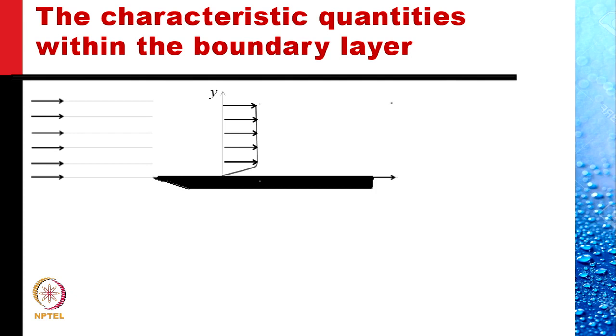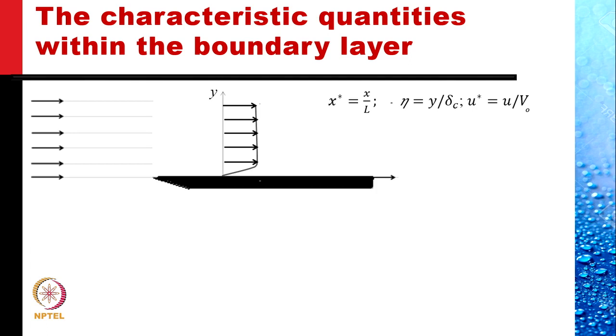Let's now look at the analysis of the boundary layer. Within the boundary layer, let us define the normalized x variable as x star equal to x divided by L, where L is the length of the plate.